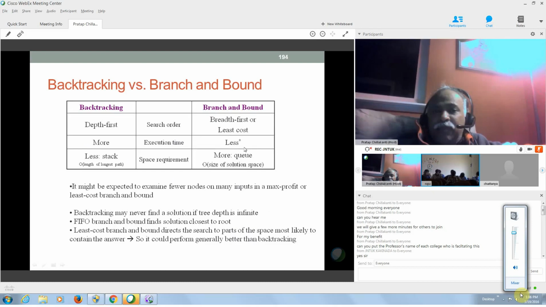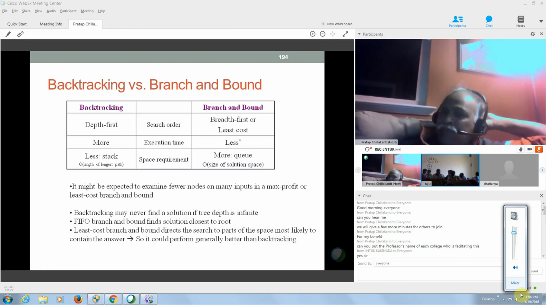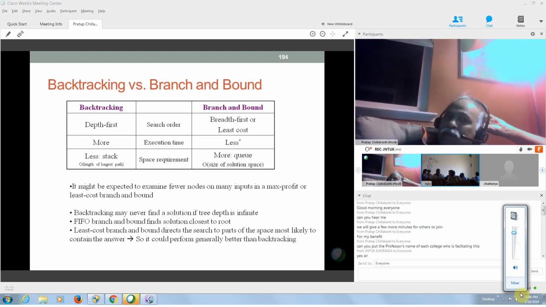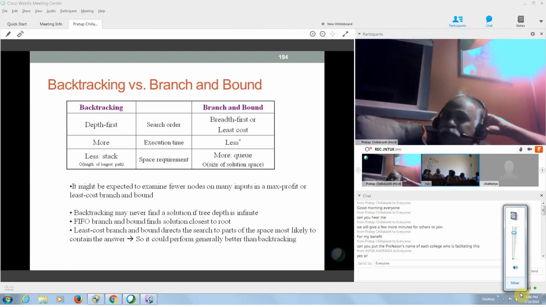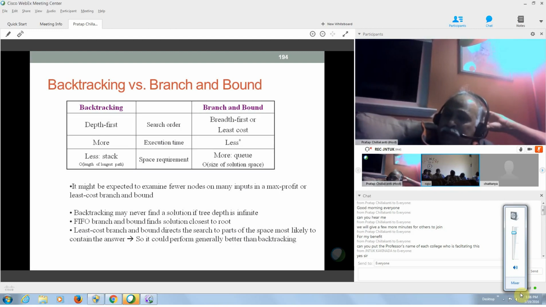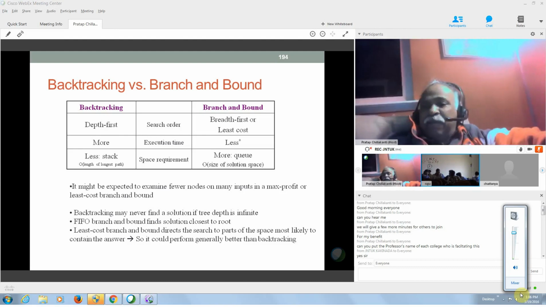Okay, and then cost. Okay, so execution time, branch and bound, is pretty significant. It takes less time than backtracking. Okay. One uses a priority queue and the other one uses stack.